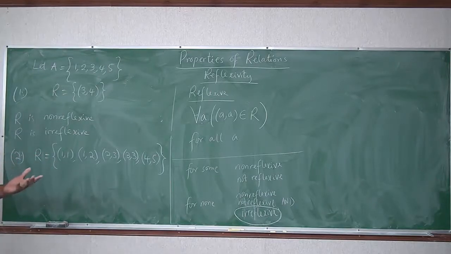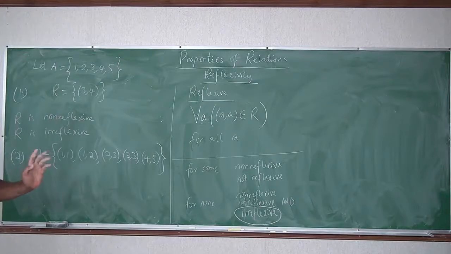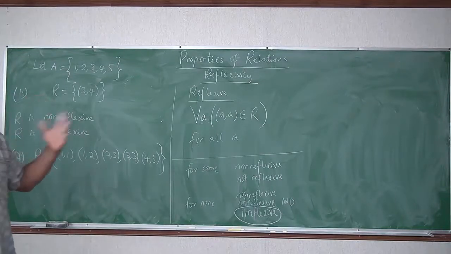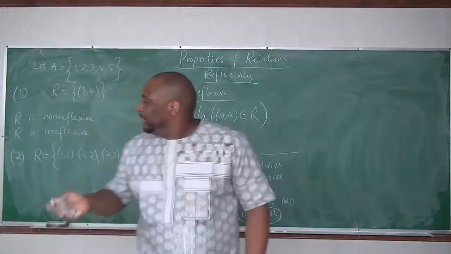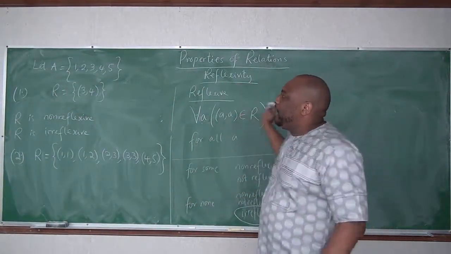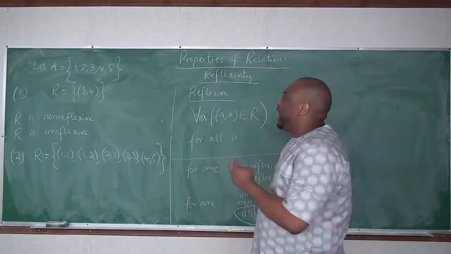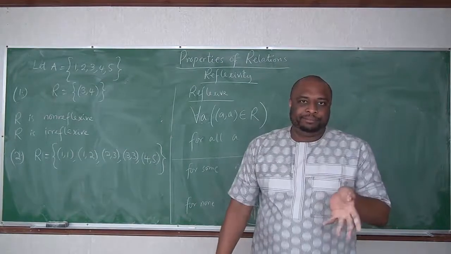In this case, yes, we have 1, 1. Yes, we have 3, 3. They have to be the same elements, like a mirror image, like a reflection. So we have 1, 1, we have 3, 3, but we don't have 2, 2, we don't have 4, 4, and we don't have 5, 5.